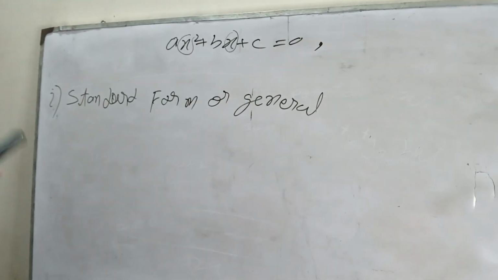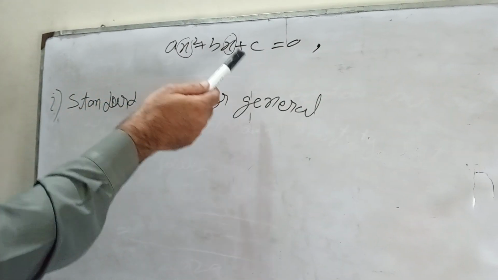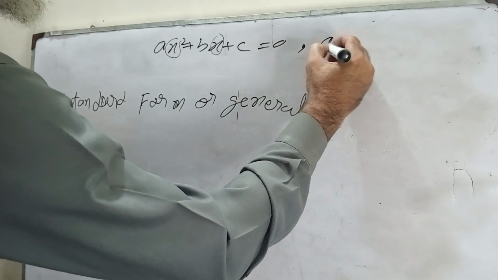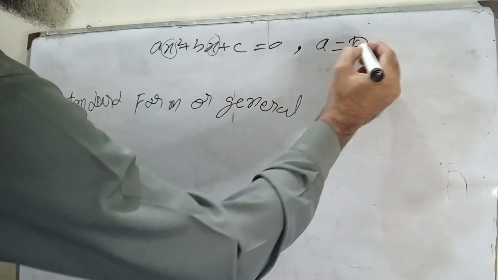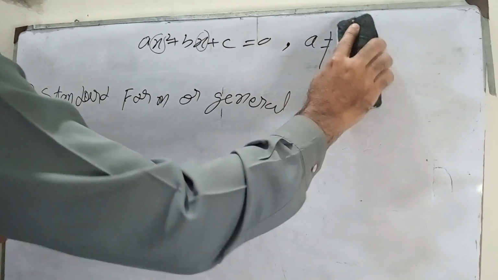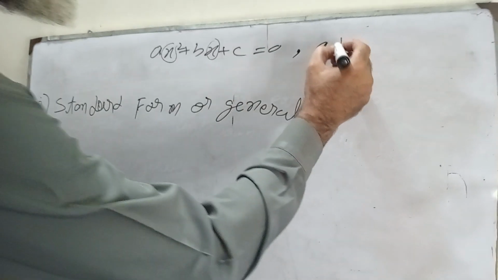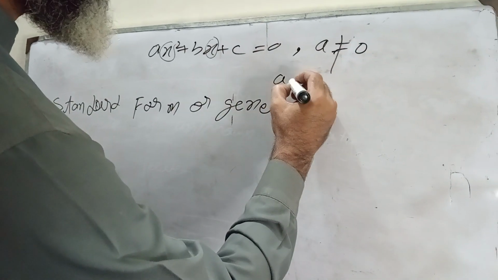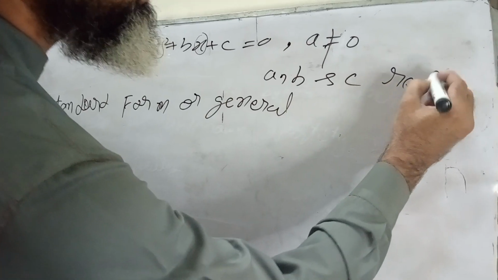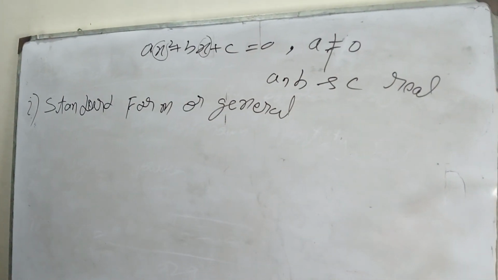A second degree equation in one variable x of the form where a is not equal to 0, and a, b and c are the real numbers. What are the real numbers?